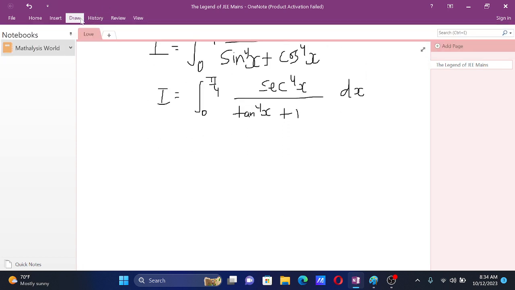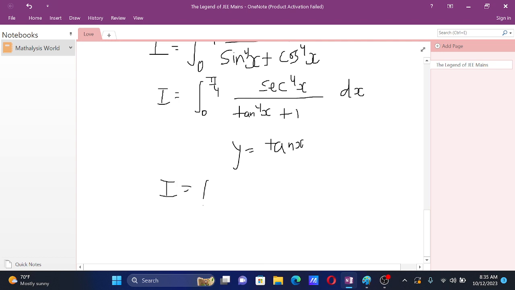Now if we let y equals to tan x, our sec square x dx will be dy, and the remaining sec square x can be changed into 1 plus tan square x. So that's 1 plus y square. We have I equals to integral from 0 to pi by 4, 1 plus y square, and then dy by 1 plus y to the power 4.